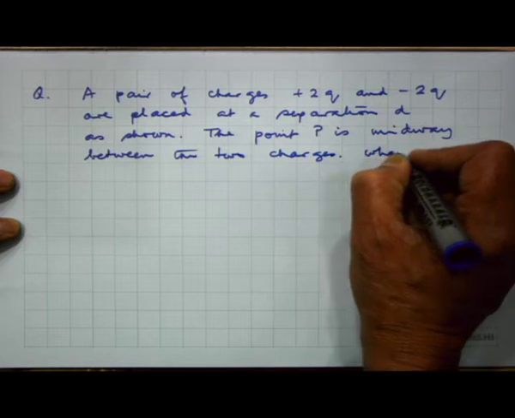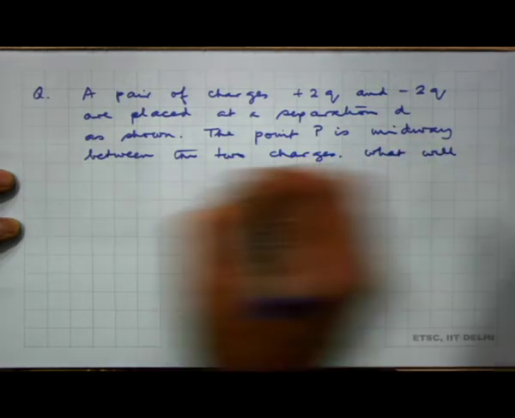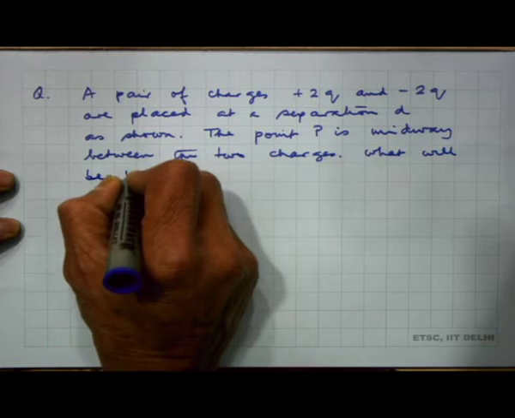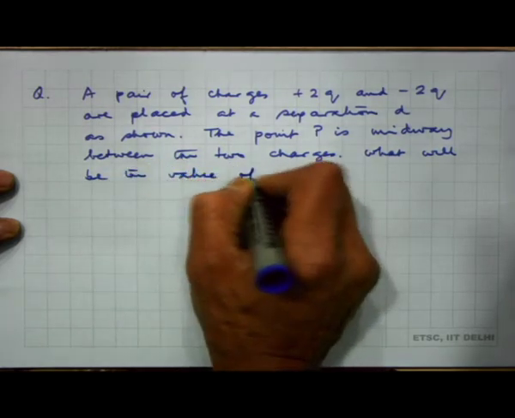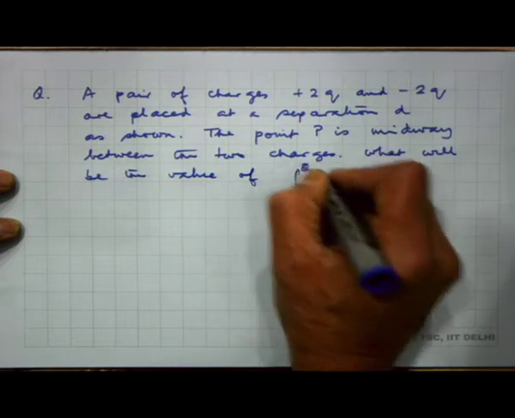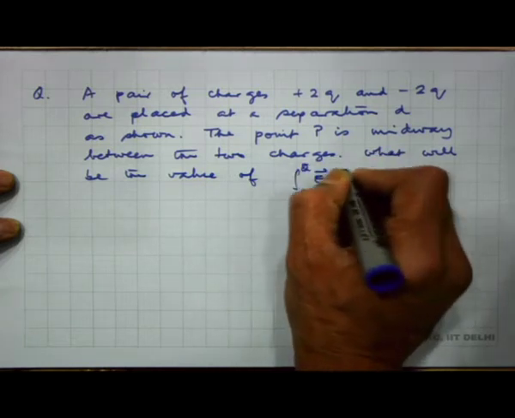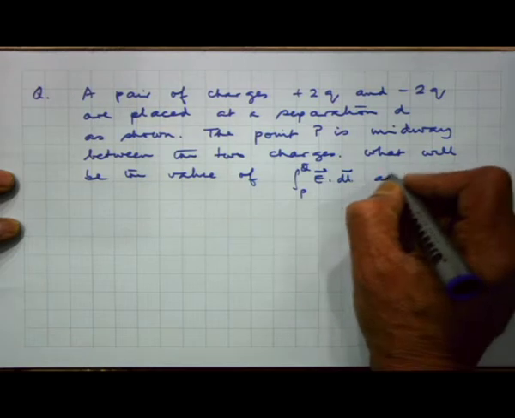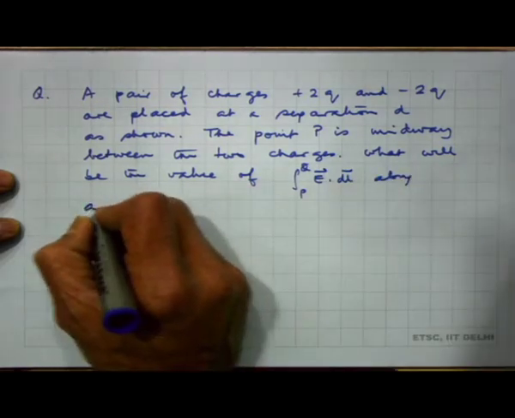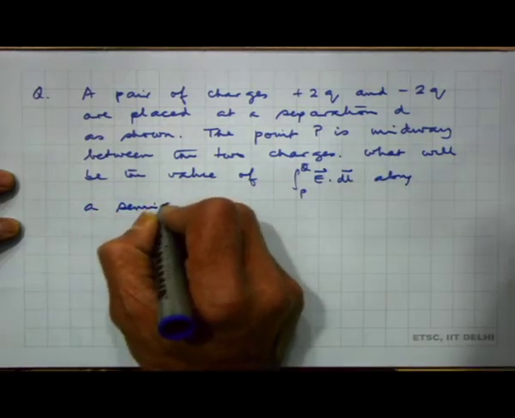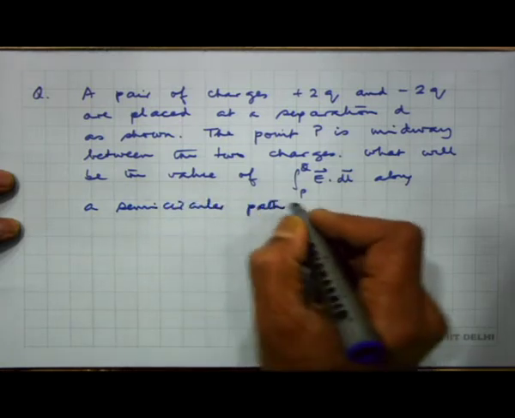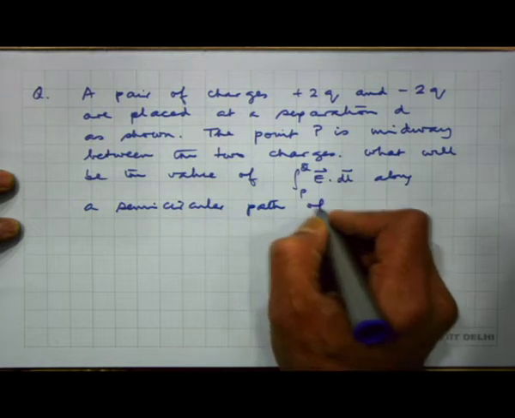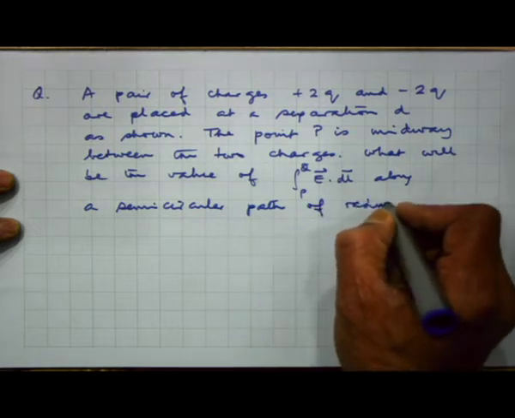What will be the value of the integral P to Q E dot dl along a semicircular path of radius d by 2?